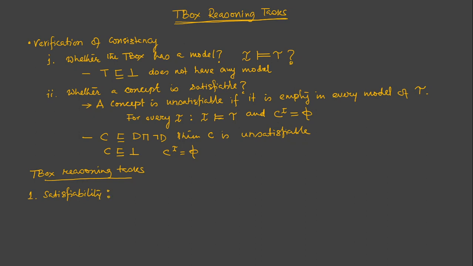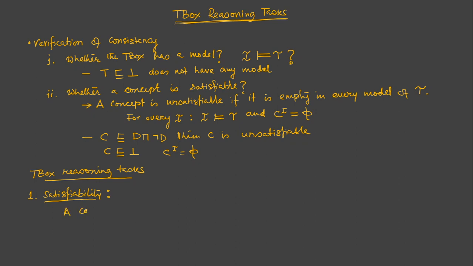We say that a concept C is satisfiable with respect to a T box T if that T box has at least one interpretation for which the concept is non-empty. The thing that we have just mentioned. So let us write it down.